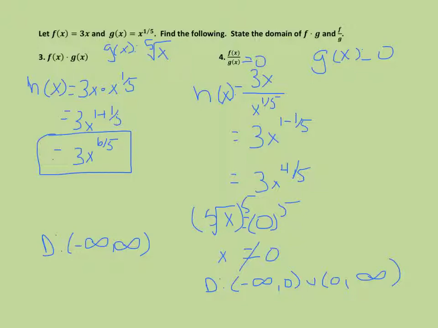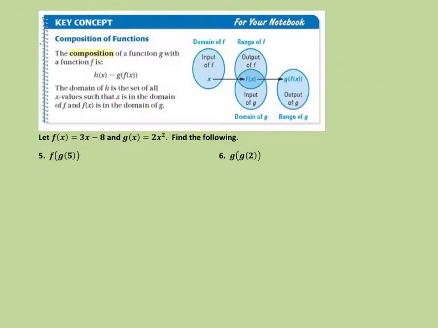So there are the operations of functions. Now, composition of functions. Here's the big difference. See in here, it says h of x equals g of f of x. That means you're plugging one of the functions in for the x value of the other function. So here's the composition of functions. See how it says f of g of 5?